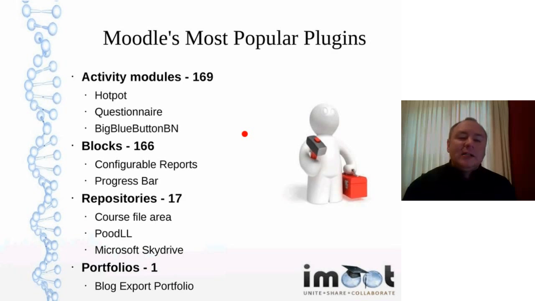I can't remember if at some point Hotpot was in Moodle Core. I'm thinking it was, and then it was moved out, or my memory's a little fuzzy on that. If anyone here has a clearer recollection of that, feel free to say something in the chat.